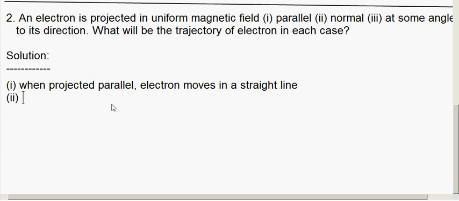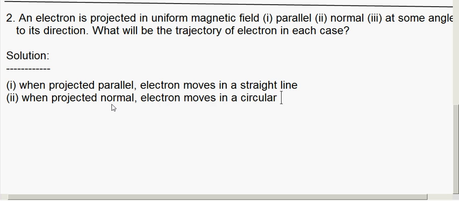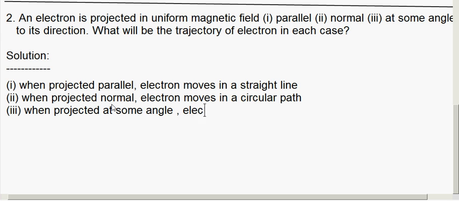Now when projected normal, electron moves in a circular path. And the third one, when projected at some angle, electron follows a helical path.